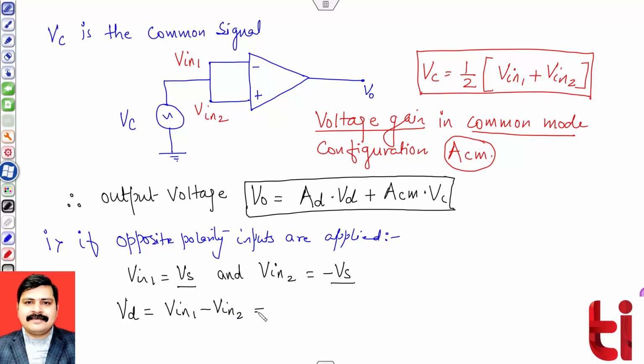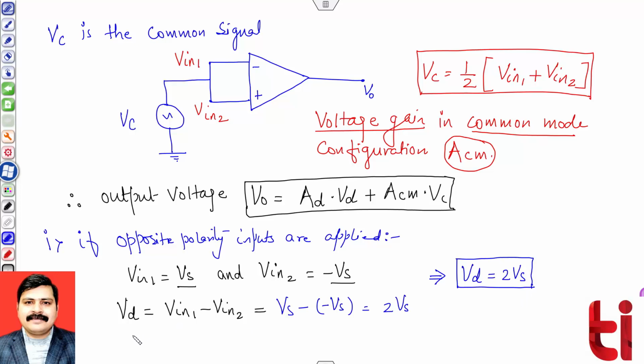So obviously this will be Vs minus minus Vs, that means twice Vs. So for this particular case, the differential input voltage VD will be equal to twice Vs when opposite polarity inputs are applied.